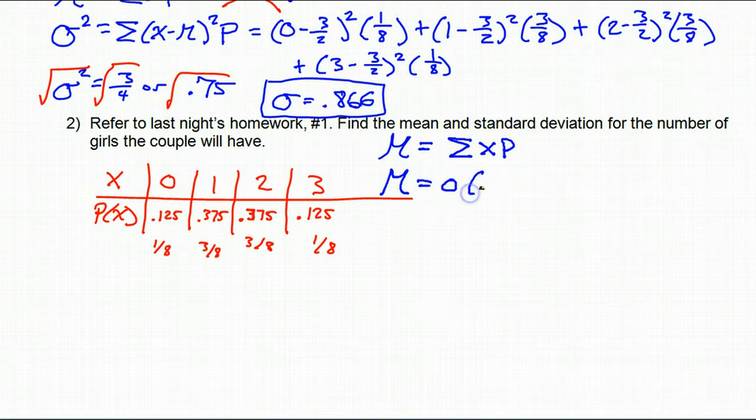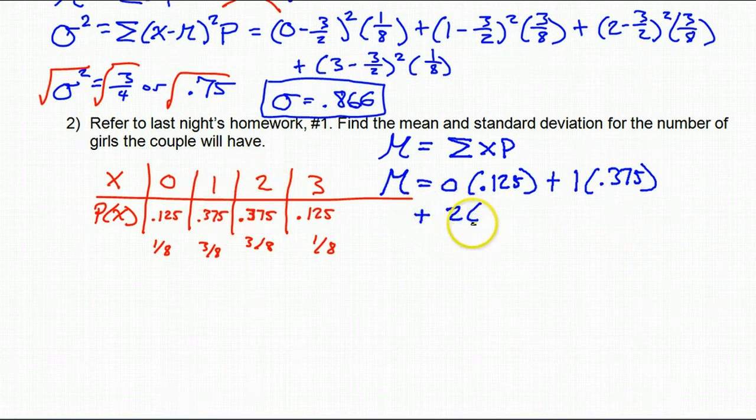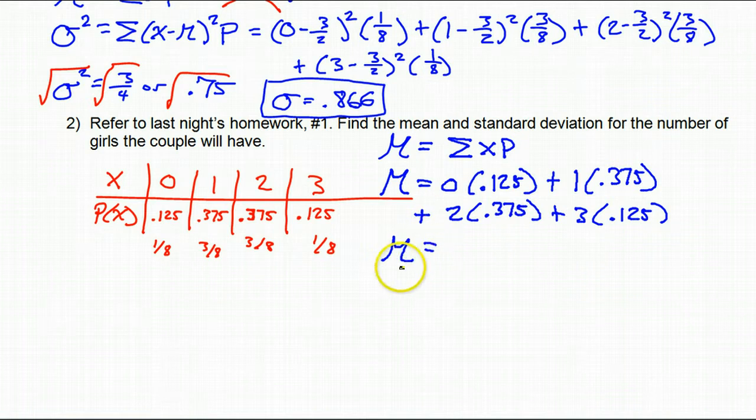So that's 0 times 0.125 plus 1 times 0.375, plus 2 times 0.375 plus 3 times 0.125. Add up all of this and that will be my mean.